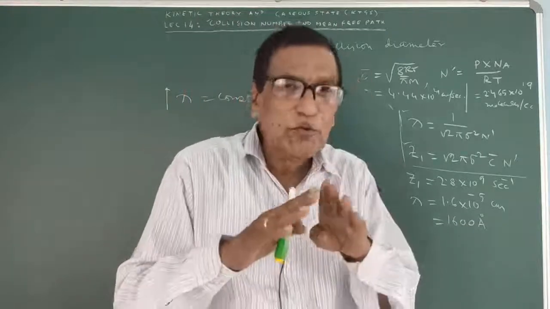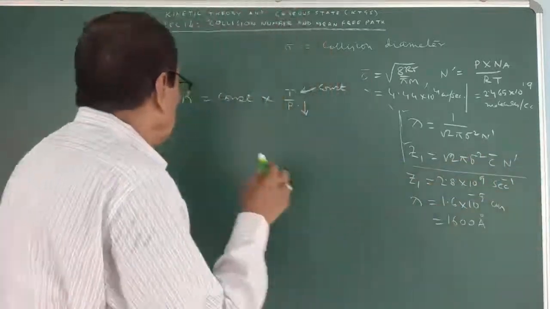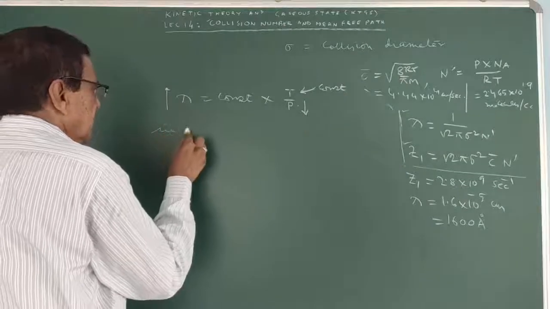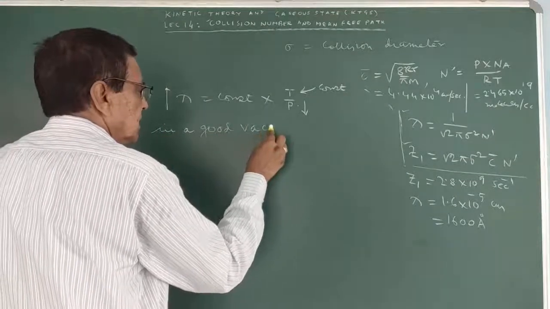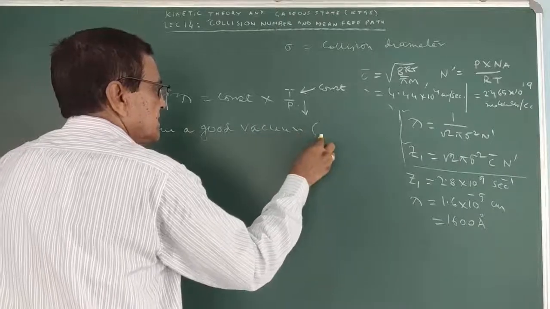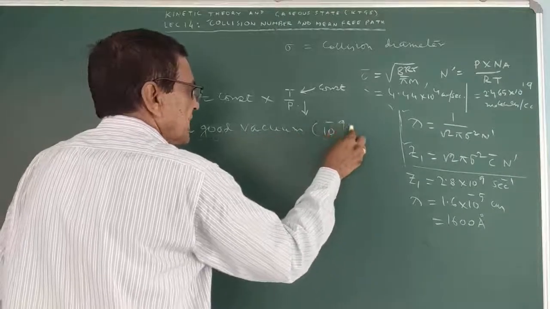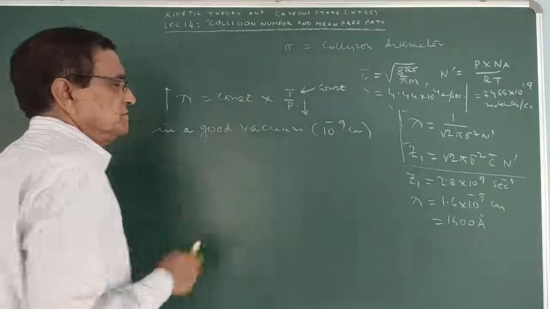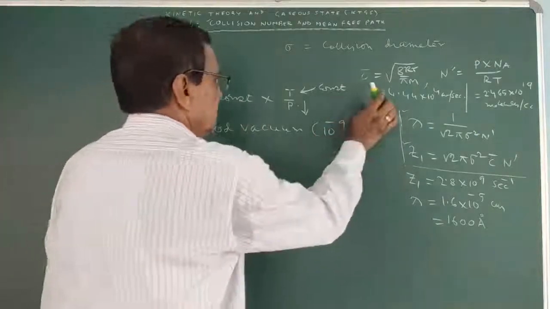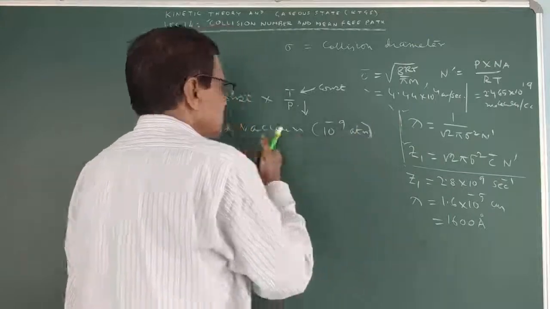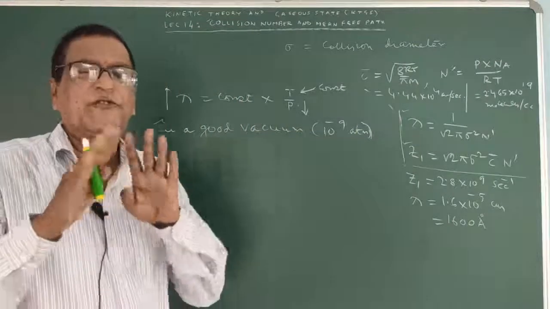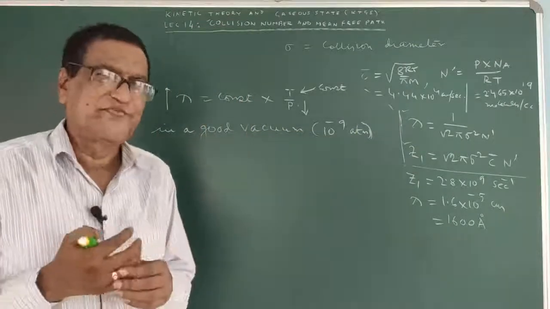So suppose in a good vacuum, say the pressure is 10 to the power minus 9 atmosphere. This is taken as almost vacuum, a good vacuum.